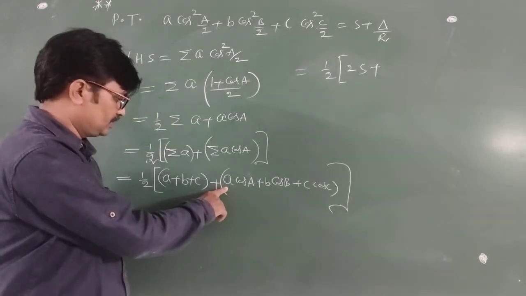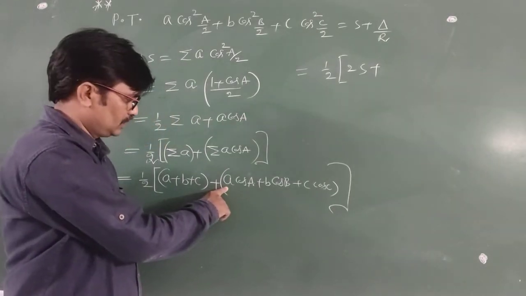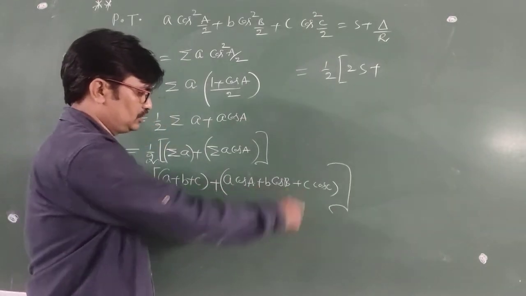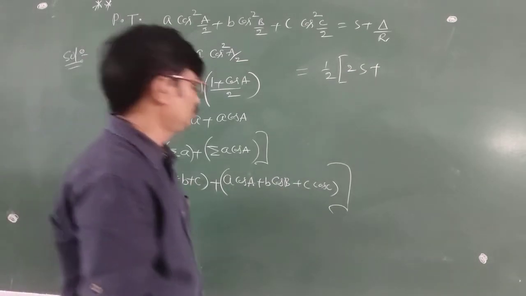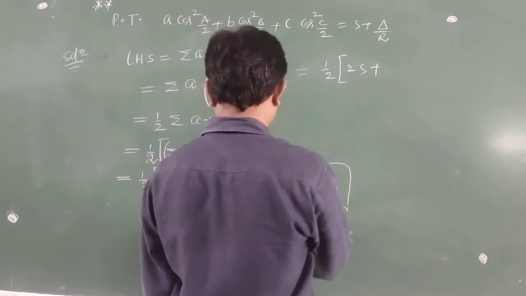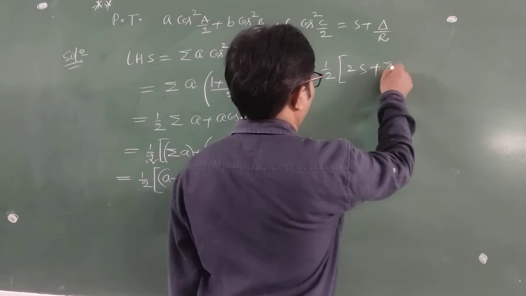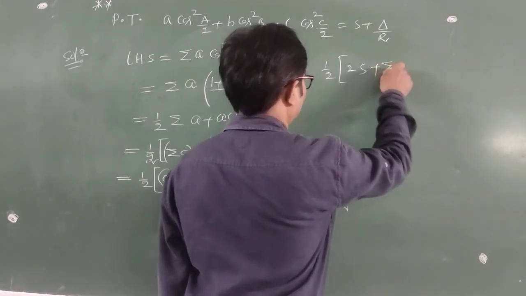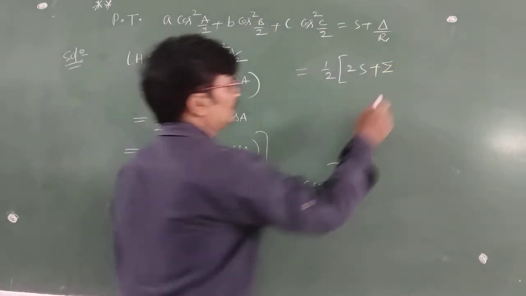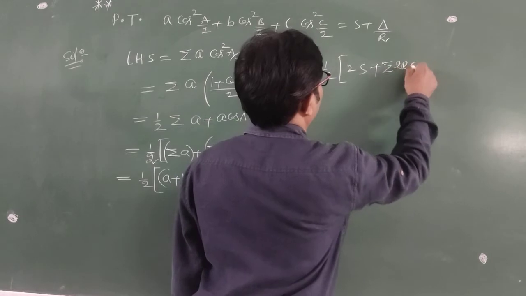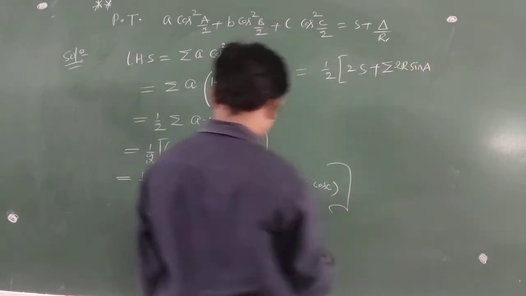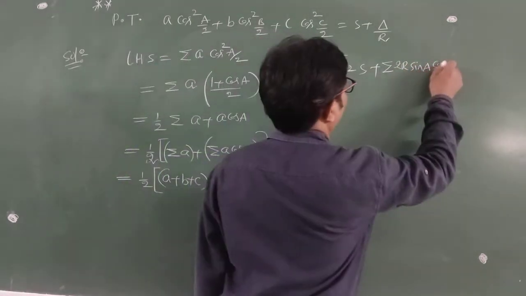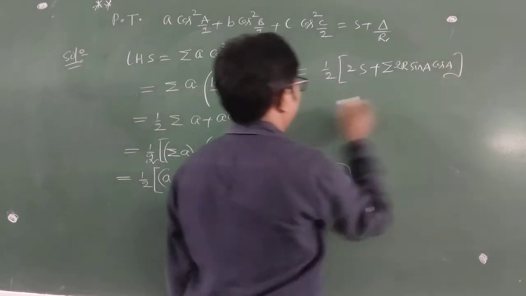Now the small a is from 2R sin A, this is 2R sin B, this is 2R sin C. So students, now we are taking sigma of the small a, which is 2R sin A, into cos A. Is it clear how to write this?